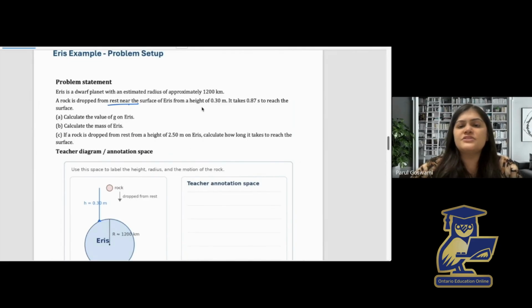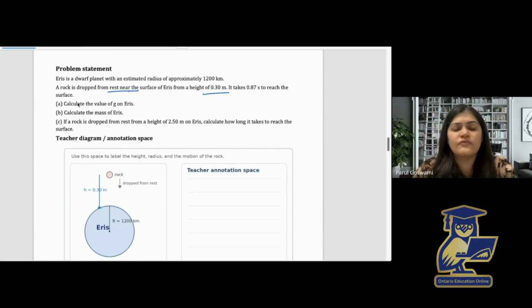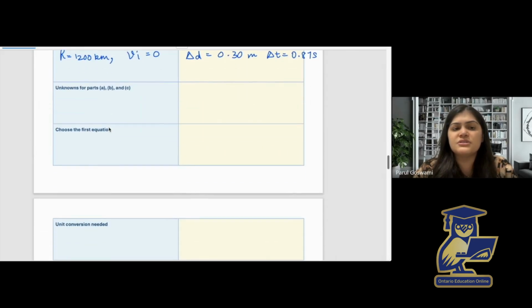And it is released from the height of 0.30 meter, so we can write displacement delta d equals 0.30 meter, and then delta t is also given to us, which is 0.87 seconds.